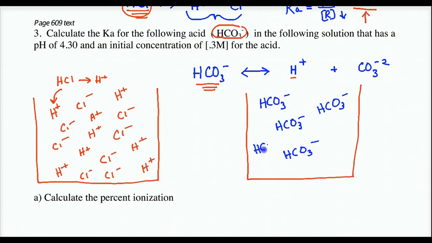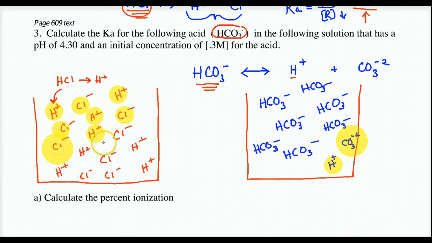Very little, if any. Of course, there will be some, so we'll throw an H plus here, and we'll throw the conjugate base here. But for the rest of these, it's going to be undissociated bicarb ion. Very little is going to be dissociated, whereas in the strong acid case, it's all dissociated.